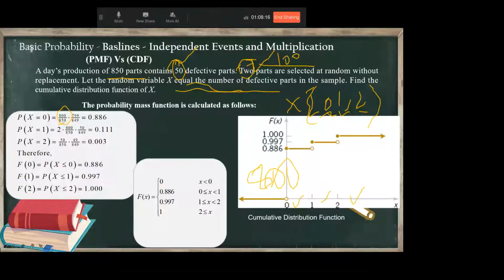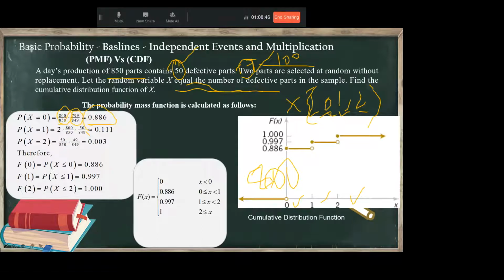That's the first probability, times, by the multiplication rule, the second part. Because we are not replacing it, the remaining non-defective parts are 799 out of a total of 849, among which 50 are defective and 799 are non-defective. So we calculate the probability, we just solve it, and we get 0.87.